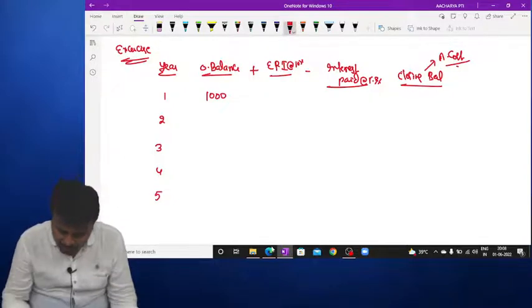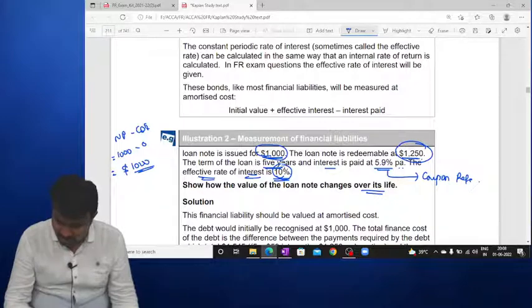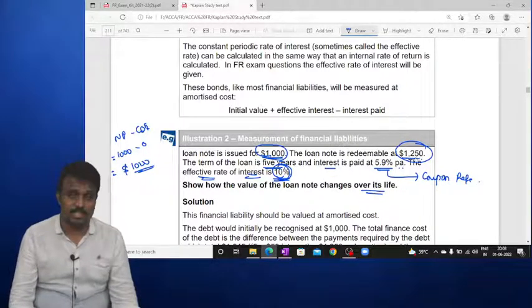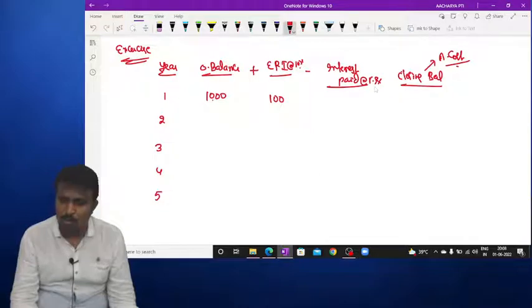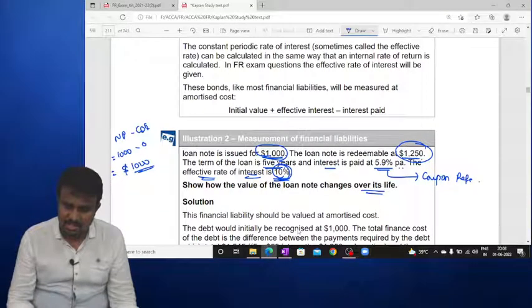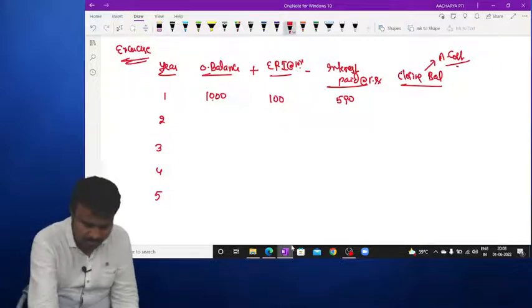So remember, the coupon rate is always applied on the face value and the effective rate is always applied on the net proceeds. So 10% on 1000 is 100. 5.9% on the face value, here 1000, is 59.